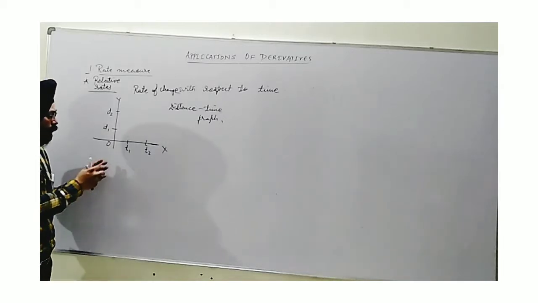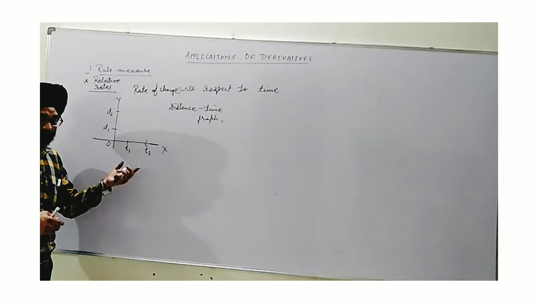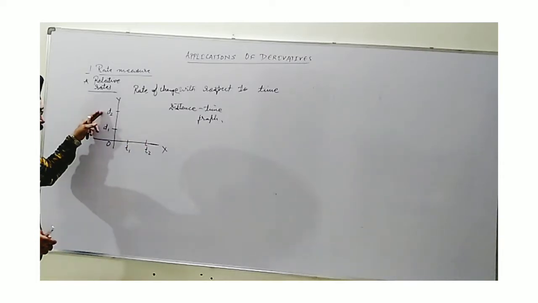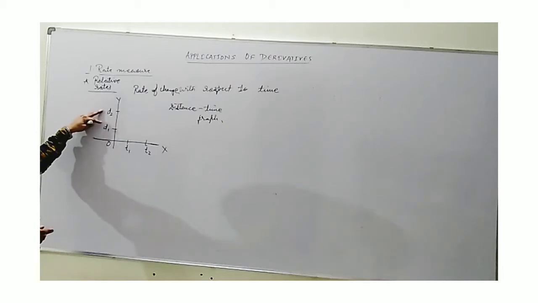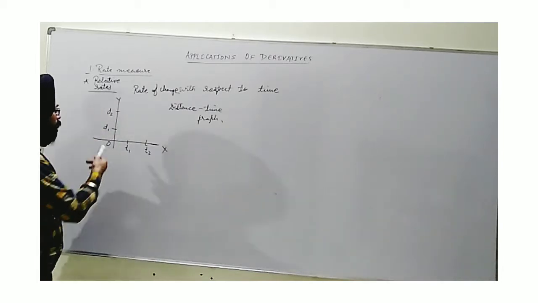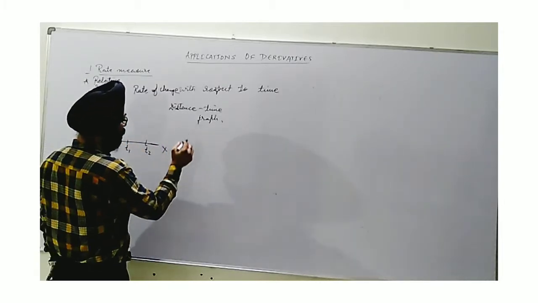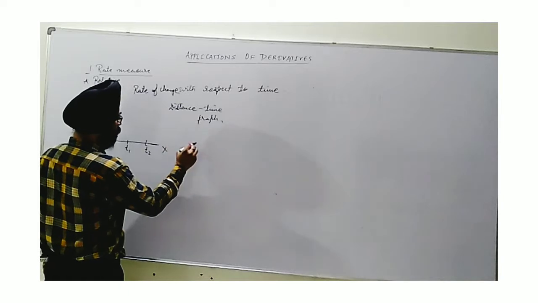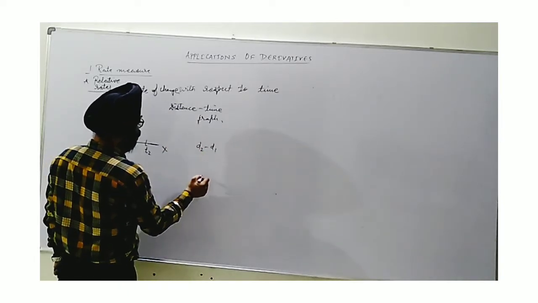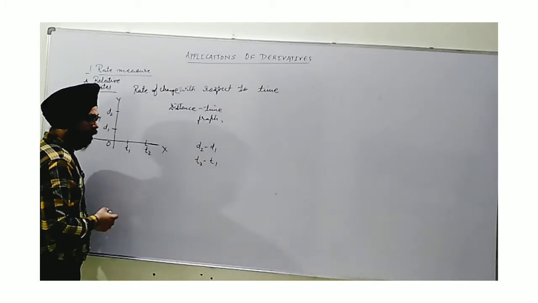So whenever we want to show on a graph how a particular quantity changes, time will be taken along the x-axis, and the quantity, like I have taken distance here, will be shown along the y-axis. So obviously, the change in distance will be d2 minus d1, and the change in time is t2 minus t1.